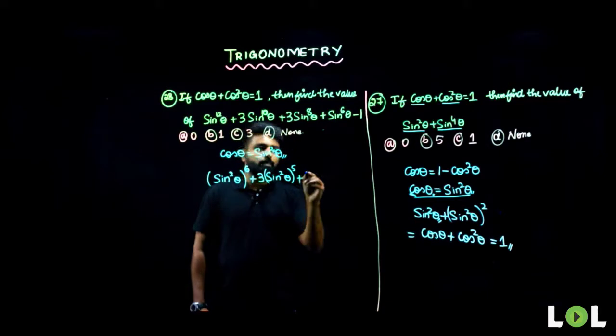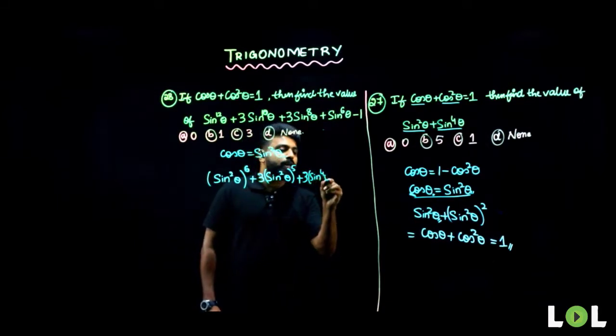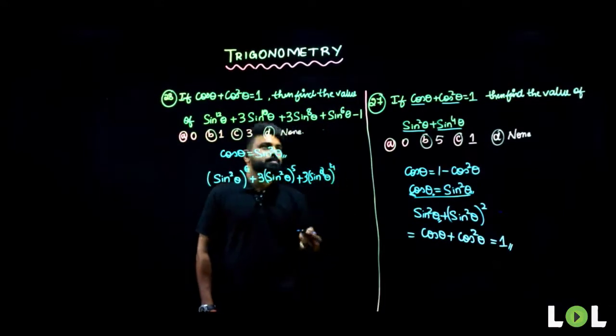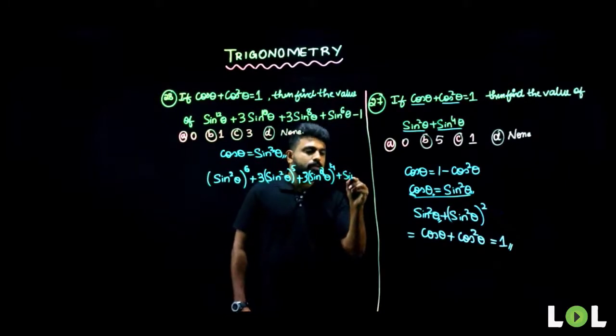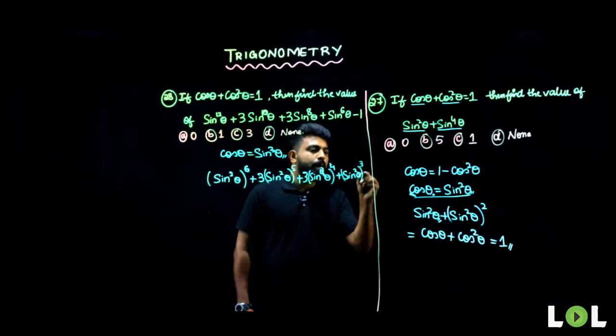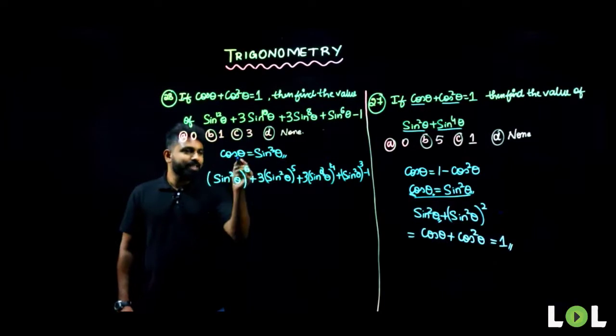So next one, it will be 3 into sine power 4 theta, the whole square, or sine square theta, the whole power 4, plus sine square theta, the whole power 3 here, minus 1 will remain as it is. Now we know that sine square theta is cos theta.